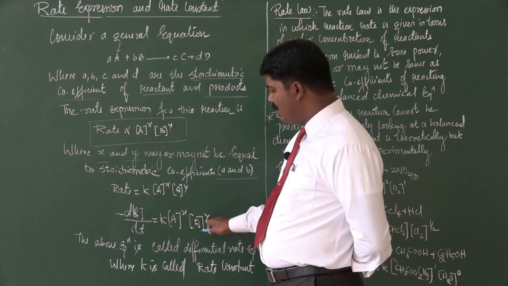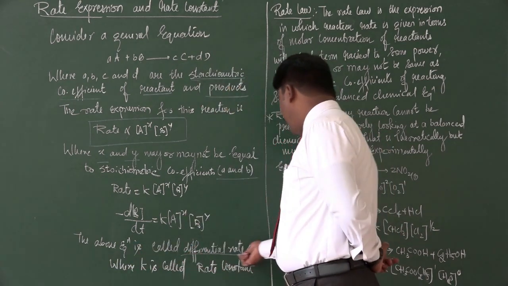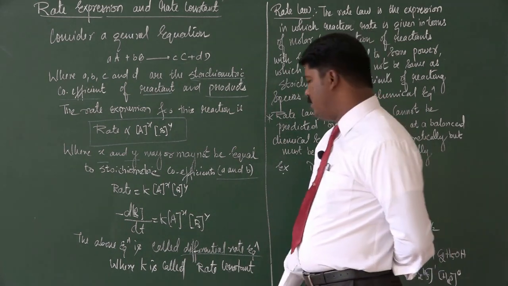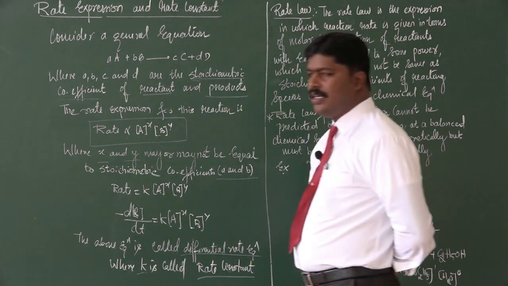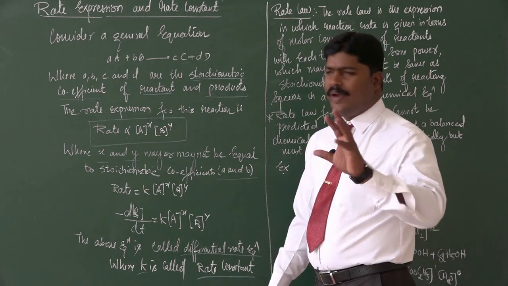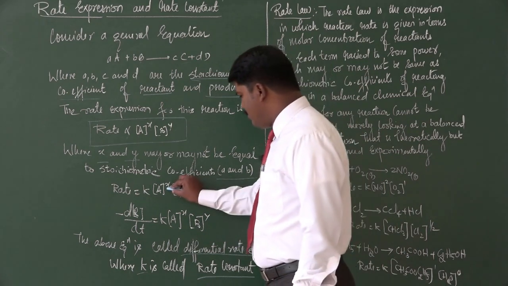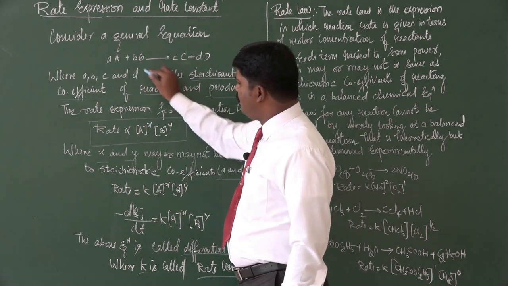Remember, the above equation is called the differential rate equation, and the term k here is called the rate constant. The only thing the students will find difficult is why this new term x in the place of a and y in the place of b has come.